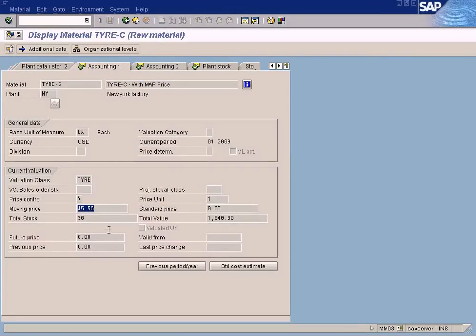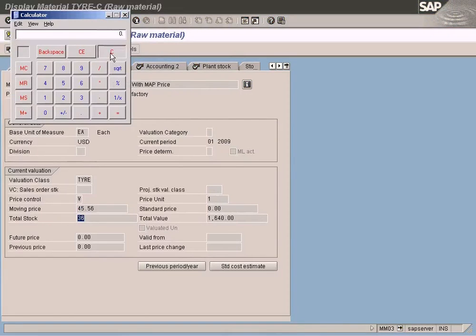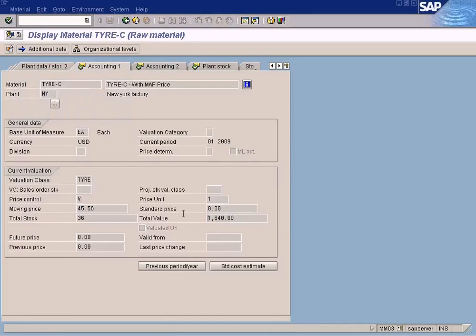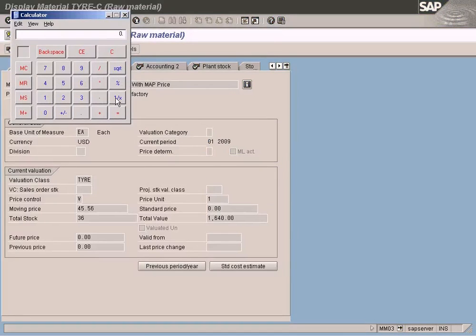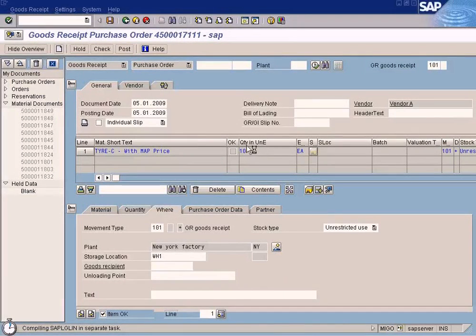After this is posted, we will see how this price changes, because the current moving average price is calculated based on this divided by this. Let me show you. Divided by 36, rounded to 2 decimal places, it's 45.56.